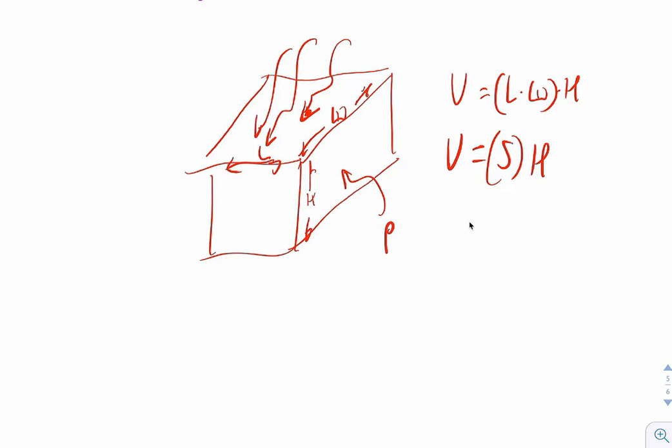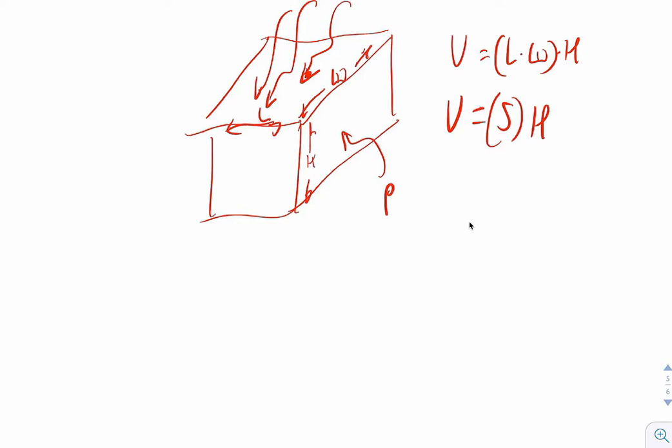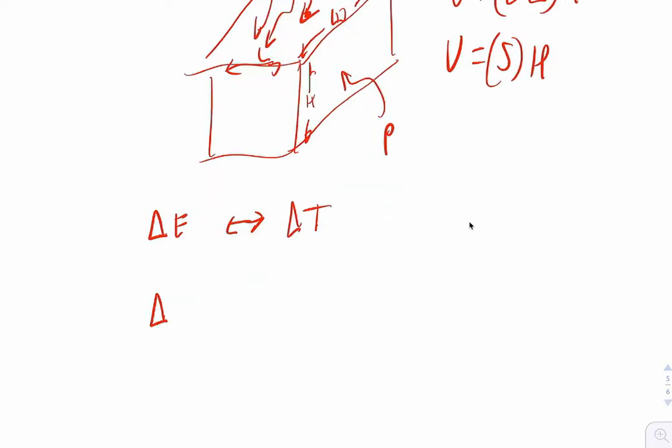So the first question we have to ask is, given the volume of the box and the density, how much energy does it take to raise or lower the temperature of that box by a certain amount, let's say by a delta T. We want to figure out the delta E required to change the temperature in the box by a delta T. The answer is delta E is equal to the mass of fluid in the box, simply rho times V, times a thermodynamic variable, the specific heat at constant pressure, which is a measure of how much energy is required to raise a kilogram of this material, water, by 1 Kelvin.